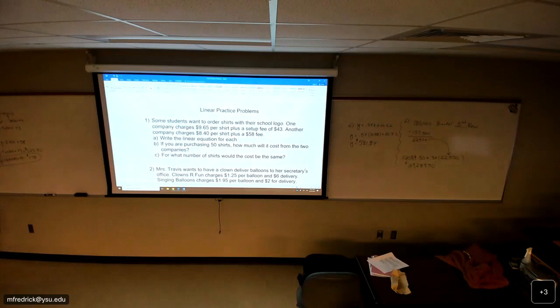How would we find part C? For what number of shirts would the cost be the same? I hear whispers, but I don't hear answers. How would we find out when they're both the same? Set them equal to each other.